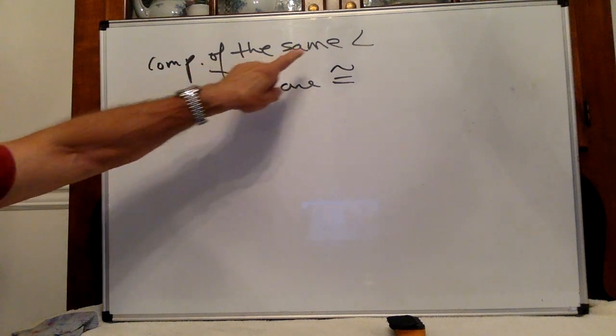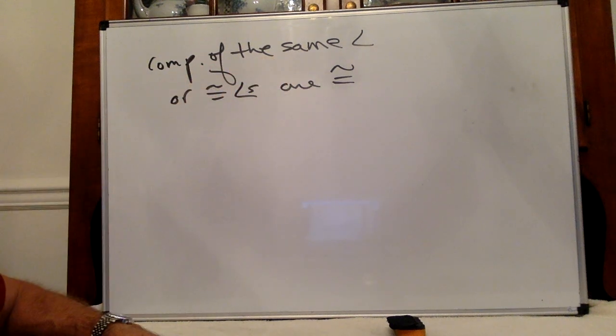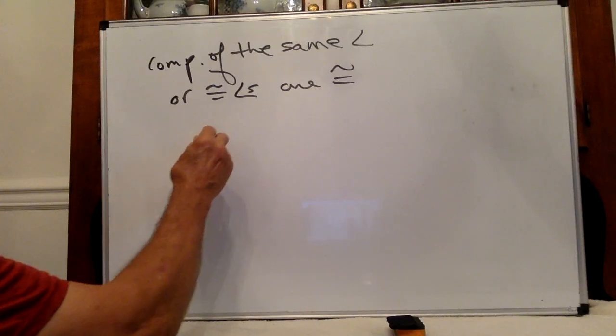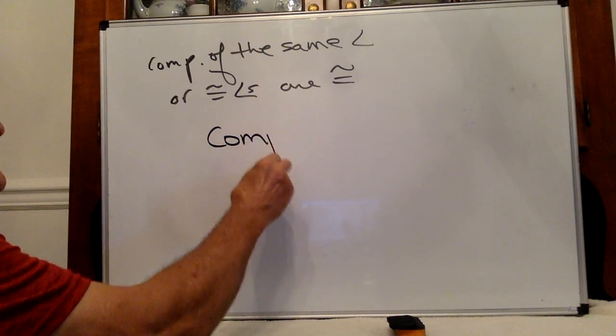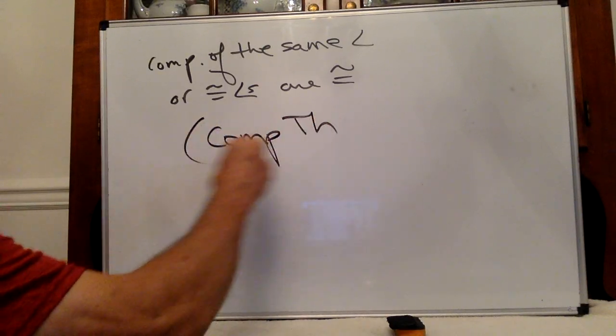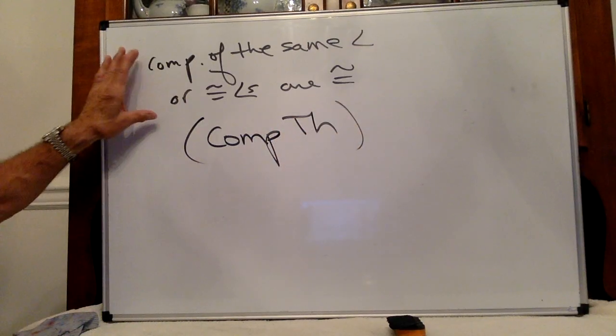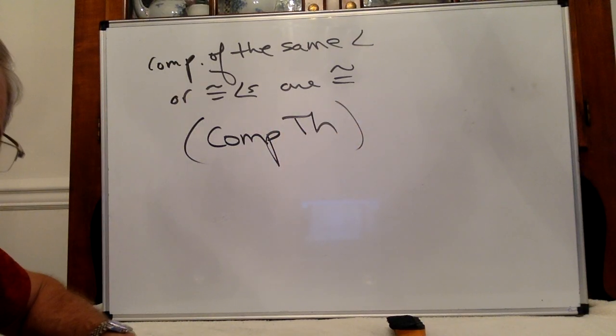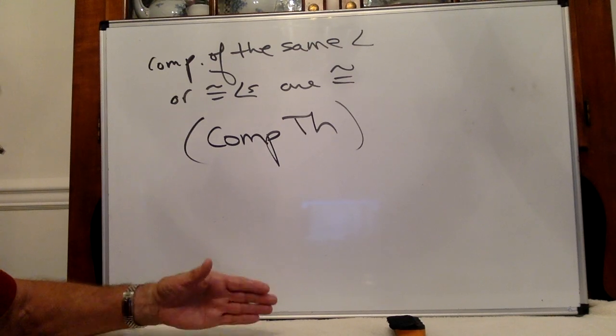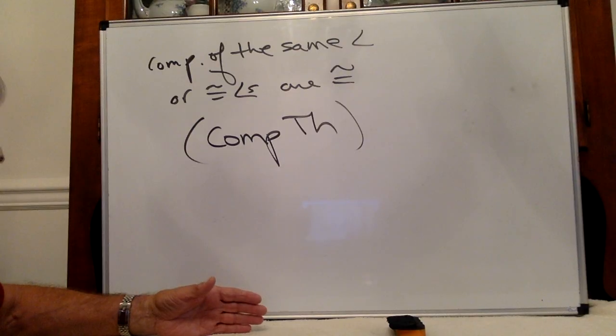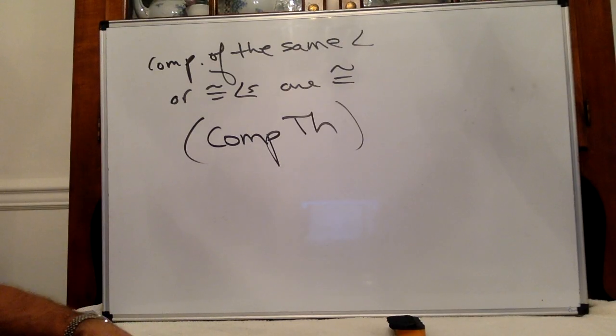Complements of the same angle or congruent angles are congruent, and we're going to just call this the complement theorem. That's all you need to ever write if you use this. Complements of the same angle or congruent angles, that means if they're complements of 2 angles that are congruent, then they themselves have to be congruent.